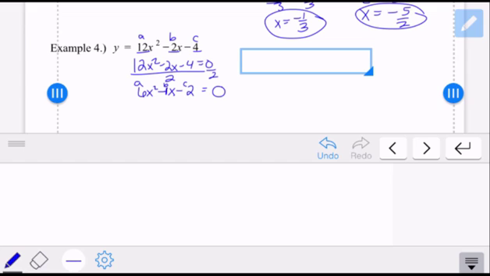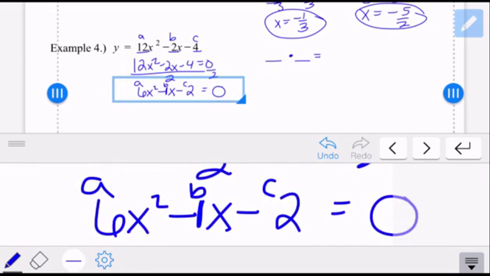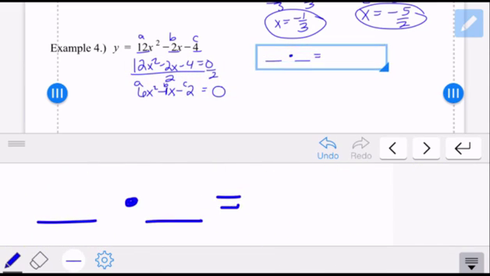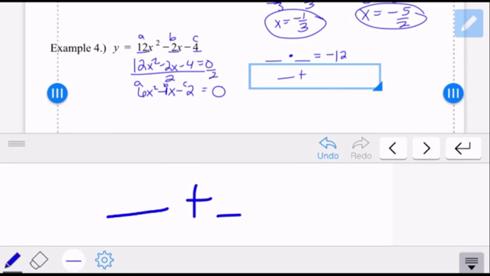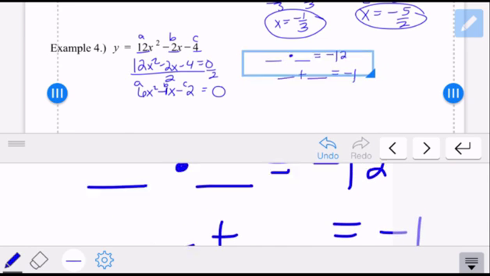So when we look for our factors, we're looking for two things that multiply to get us AC. So we would do 6 times -2 and get a -12. And then our middle, our B term, is a -1. So that's what we want them to sum to.